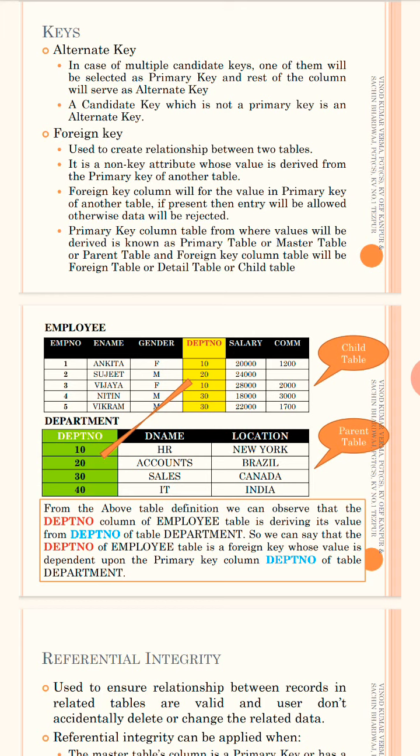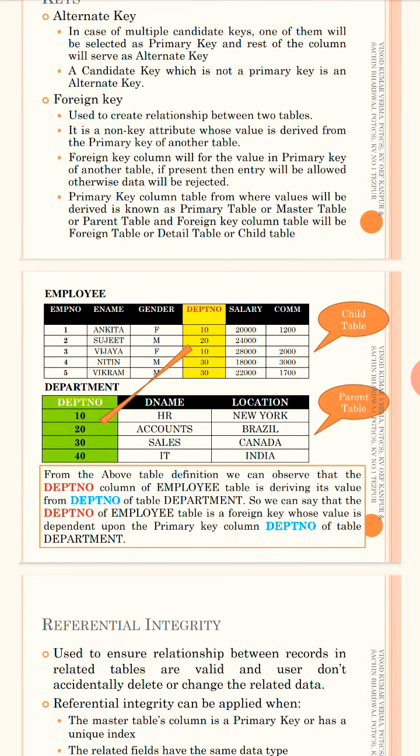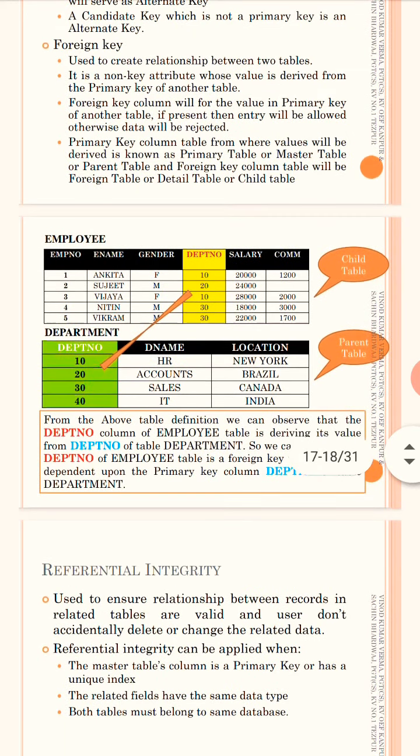That means in employee table, department number is not the primary key, that is a non-key attribute which takes values from the primary key of another table. That means department number of employee table is taking values from the department number of the department table. In department table, department number is the primary key. I'm again saying that foreign key is a non-key attribute of a table which takes values from the primary key of another table. This is called the foreign key.